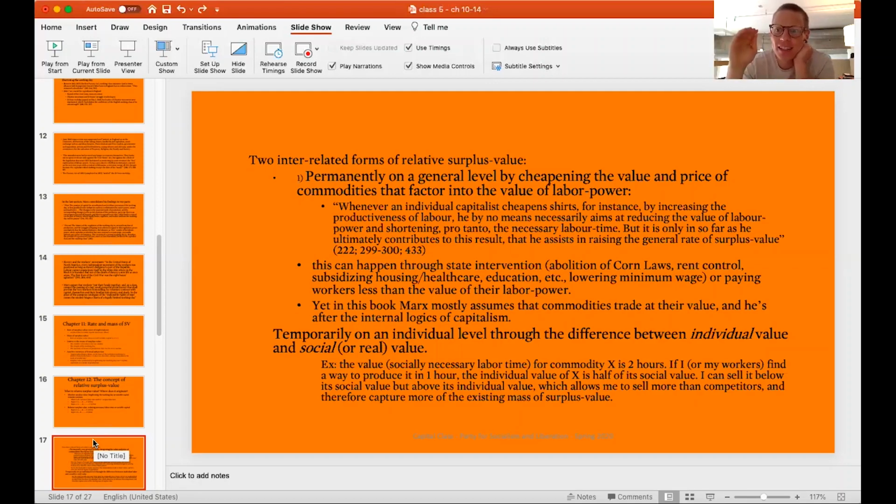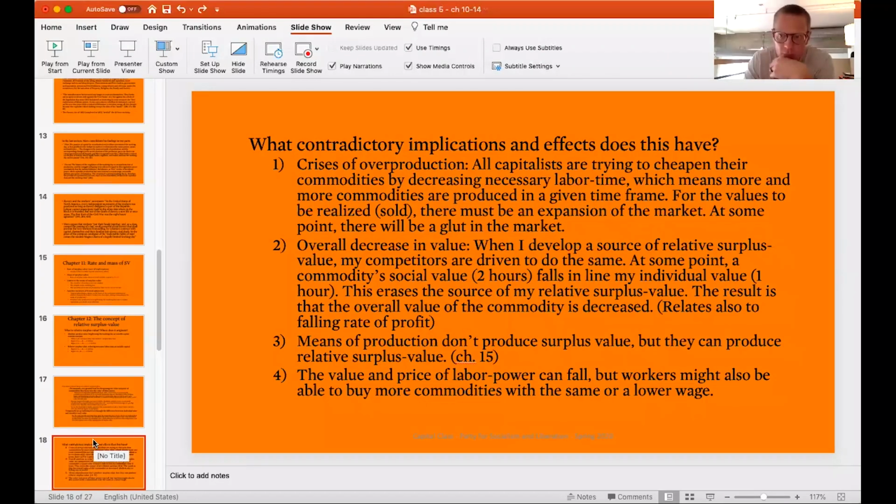But because now the value embedded in each of my commodities is less, to realize that value I need to sell more of them. And so as a result, I'm going to sell my commodities below their social value but above their individual value. And therefore, I'm going to be able to capture more of the mass of surplus value that's available, which has a whole set of contradictions, right?